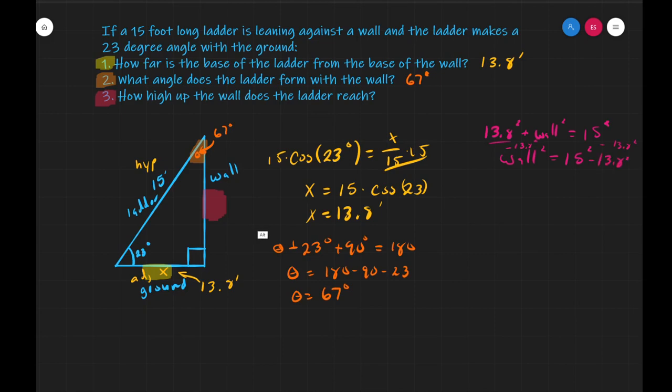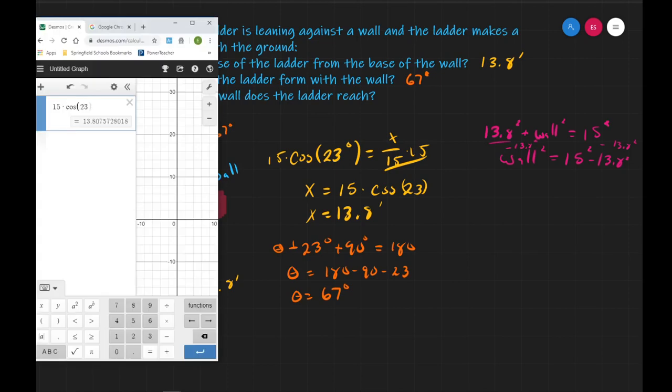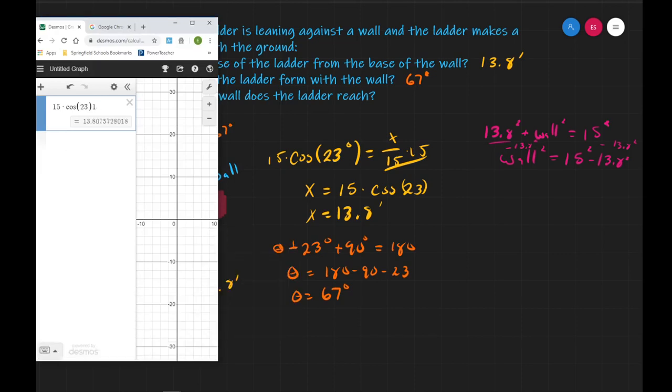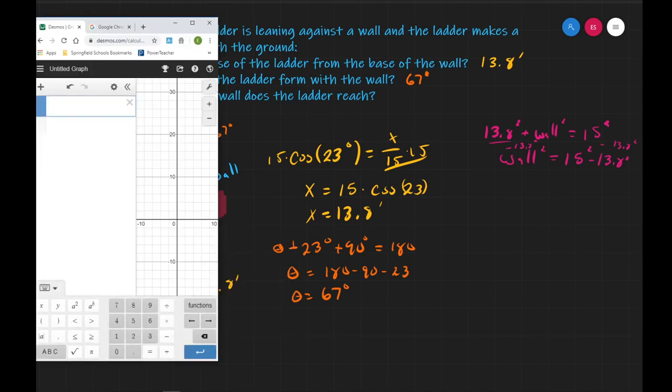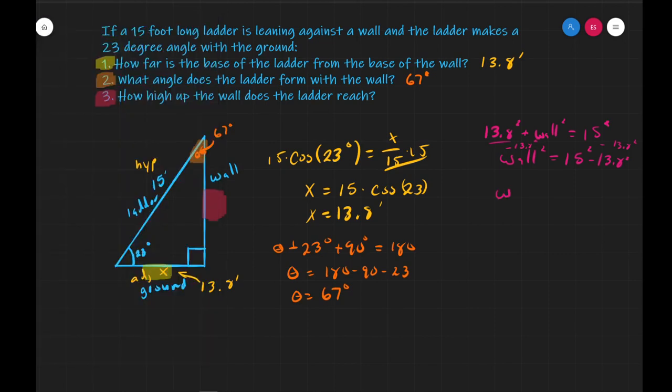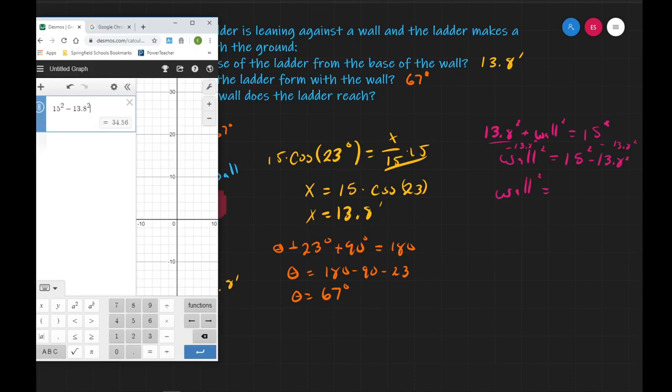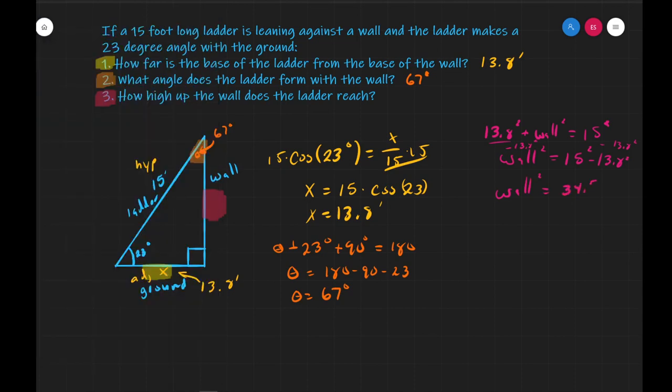So we have 15 squared minus 13.8 squared, whatever that number ends up being. Let's ask Desmos what that number is. So here we have 15 squared minus 13.8 squared. That's going to leave us with 34.56. So our wall squared is 34.56.